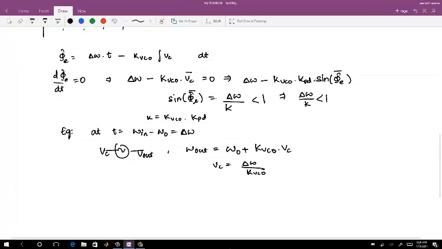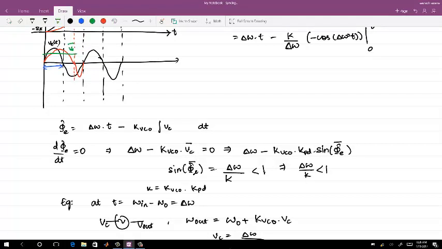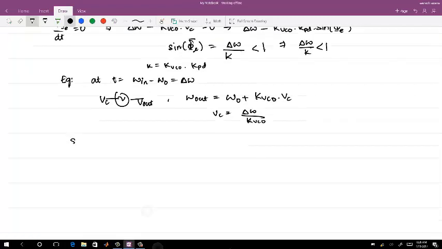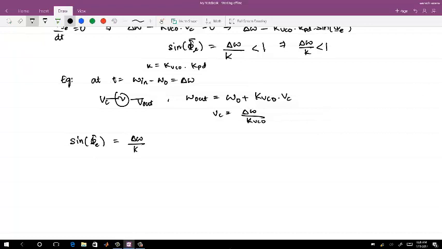So the next question is, this is a very large scale picture and everything happens simultaneously. You generate a voltage, but now let me ask this: I have sine of phi e equal to delta omega by K in the locking condition. You know that sine phi e is also equal to sine of pi minus phi e.